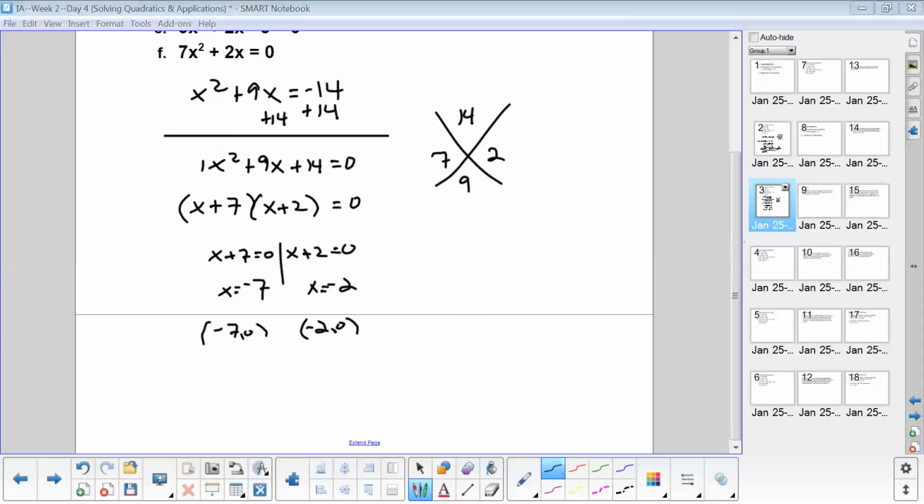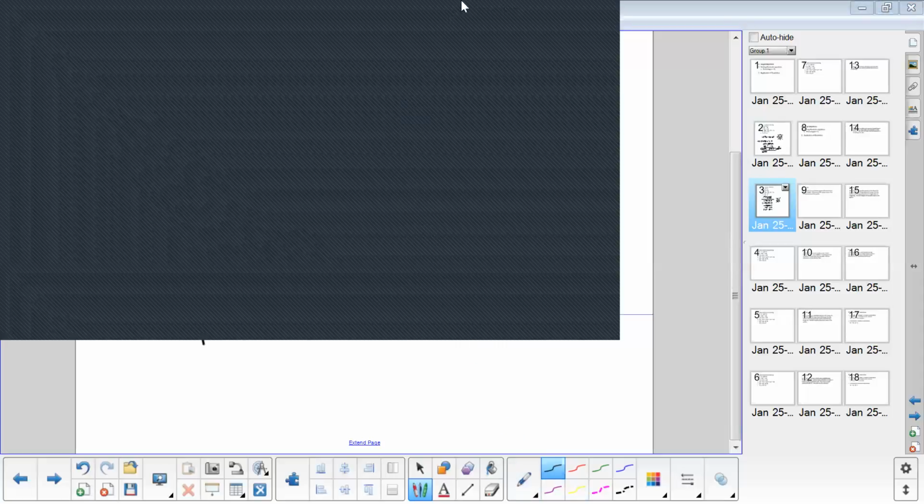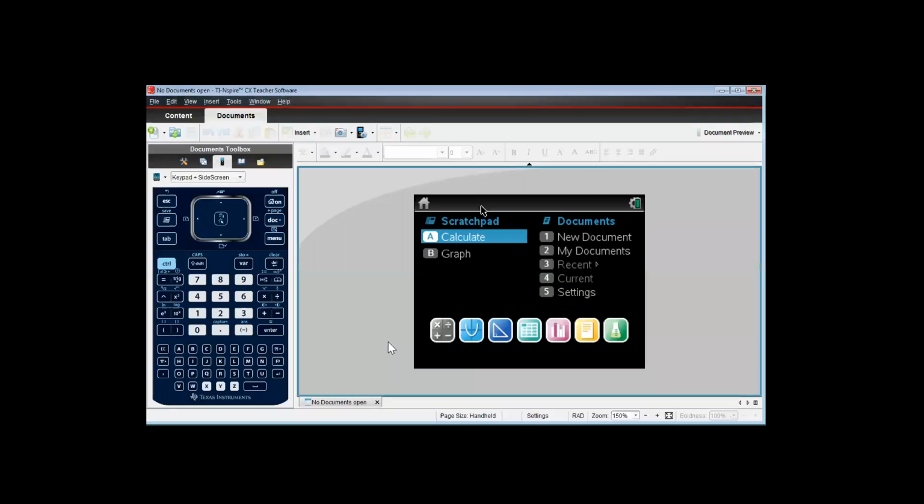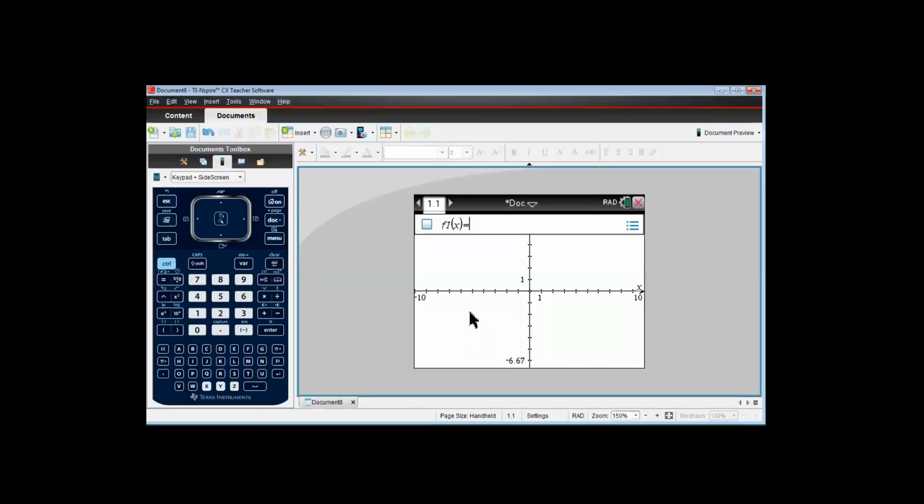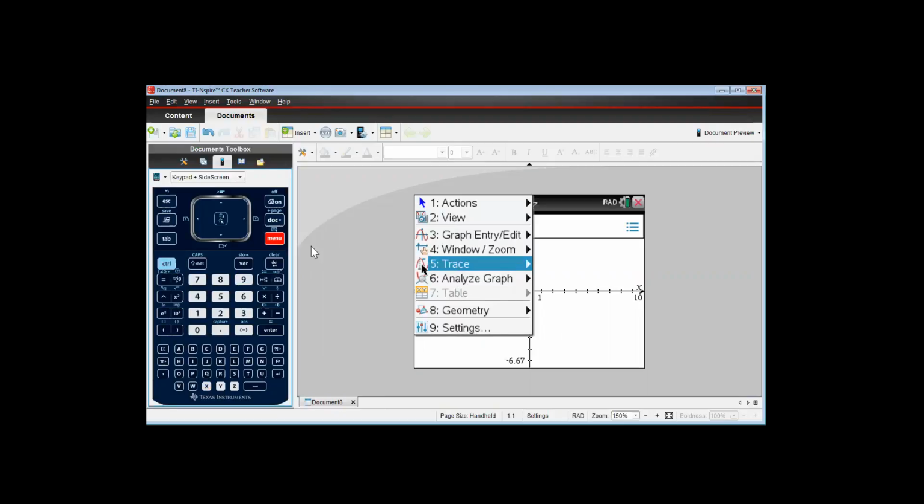If I go to my graphing calculator and share that screen with you, I want to type in x squared plus 9x plus 14, and I've got my equation. That's what we'll do with our TI-84s in class, we'll type that in and look at it.